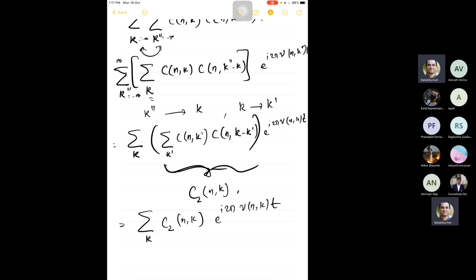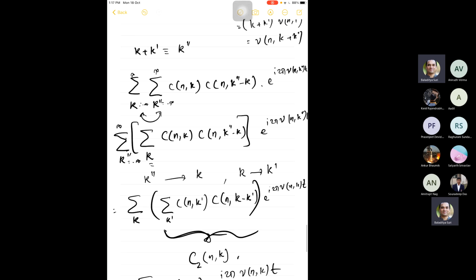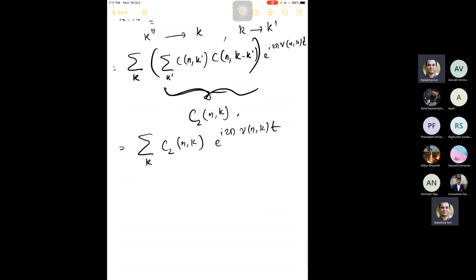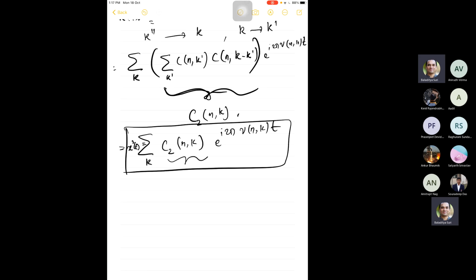So what did we just discover? Classically, this is all purely classical analysis. If I have a Fourier series given by this particular Fourier expansion, that is, if x of t is given by that Fourier expansion, then x squared of t is given by a very similar Fourier expansion, where the C2 of nk are nothing but summation over k prime from minus infinity to infinity of c of nk prime and c of n k minus k prime.